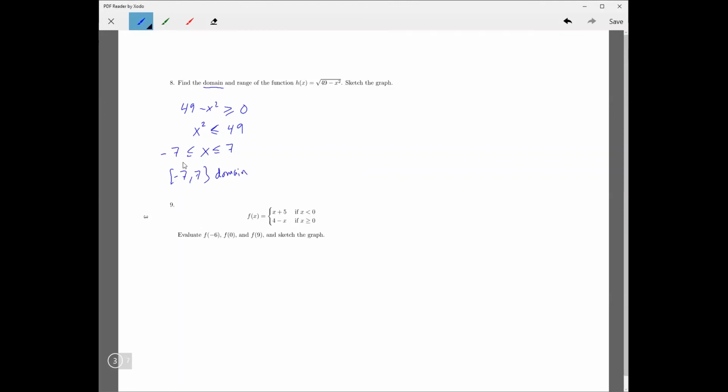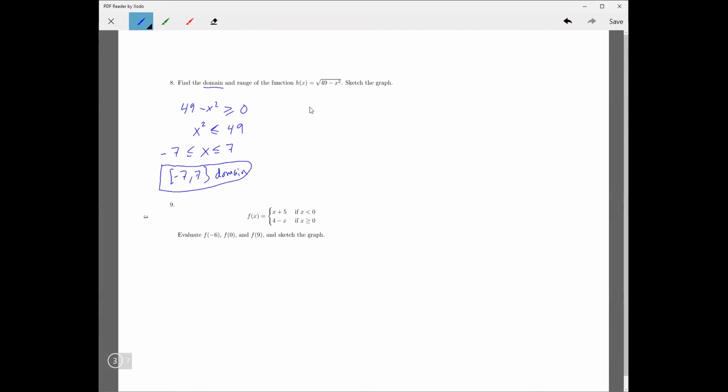From -7 to 7. Okay. So that should be the domain there.